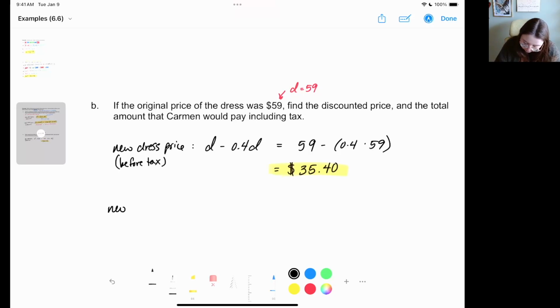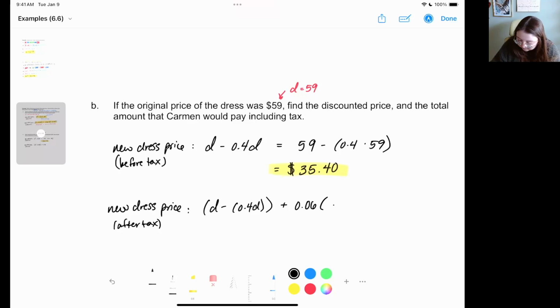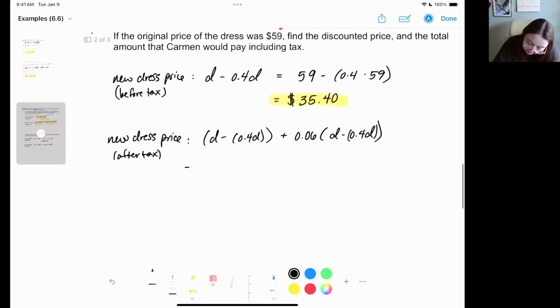Now our new dress price after tax, this was our longer equation. This was D minus 0.4D plus 0.06 times D minus 0.4D. We're going to plug 59 into this equation.